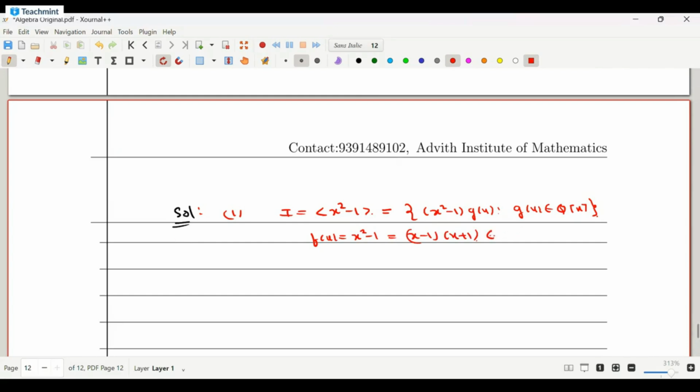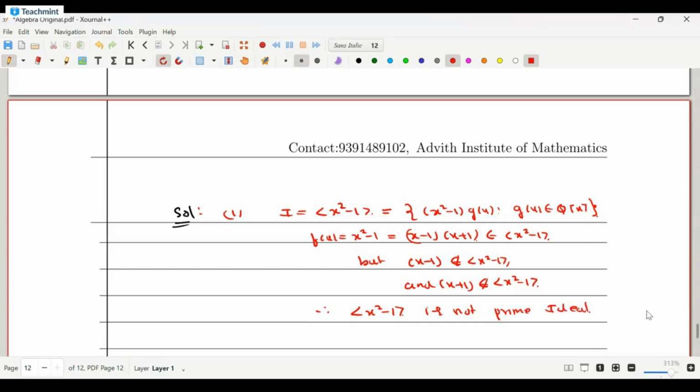So the product belongs to the ideal generated by x square minus 1. But the element x minus 1 does not belong to the ideal generated by x square minus 1, and x plus 1 also does not belong to it. So therefore, the ideal generated by x square minus 1 is not a prime ideal.